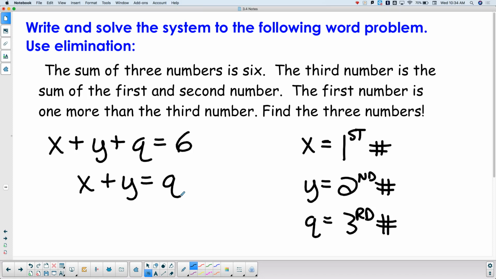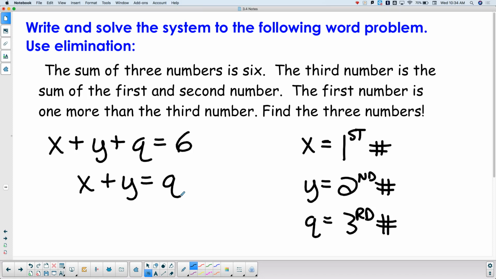Because did you say X equals Q plus 1, or did you say X plus 1 equals Q? I might have heard you wrong. X plus 1 equals Q is what you said? Nope, I don't agree with it then. I would agree with Q minus 1 equals X. No, I wouldn't agree with that one either. Tap the brakes.